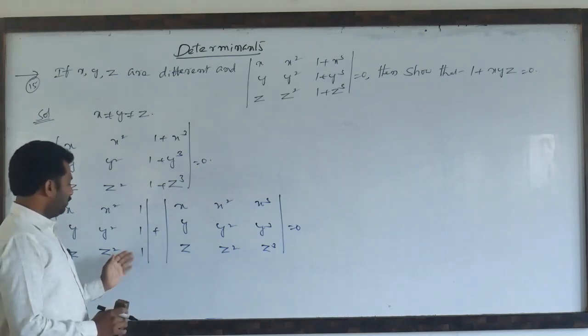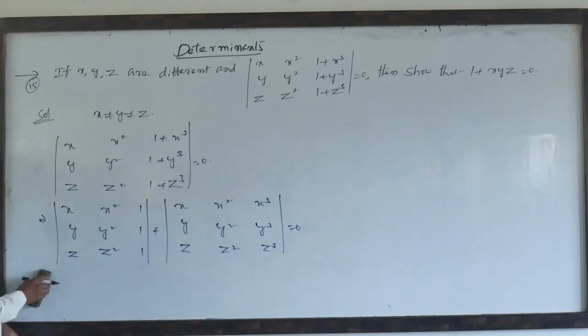Just observe, in the first determinant we are interchanging C1 and C3. Sir, why are you interchanging C1 and C3? I will tell you. See here, 1, 1, 1.